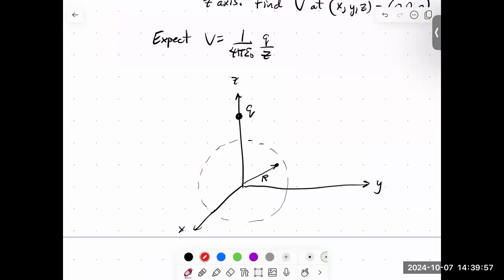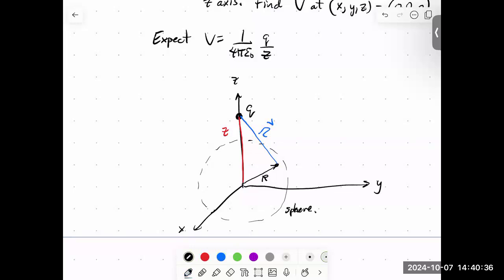What we have here is our r prime is from the observation point to our source charge. And so this sits at position z. And then we have the distance from our source to where we're calculating the potential. So we usually call that like the little script r. Okay, and so this black line is our sphere, like so.